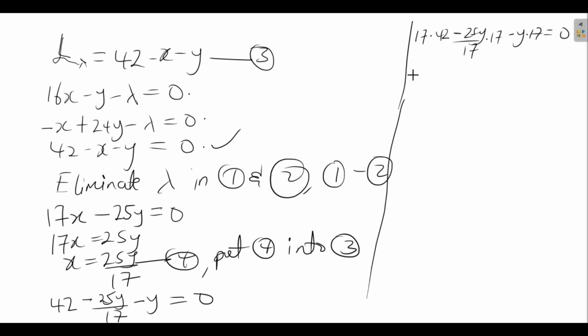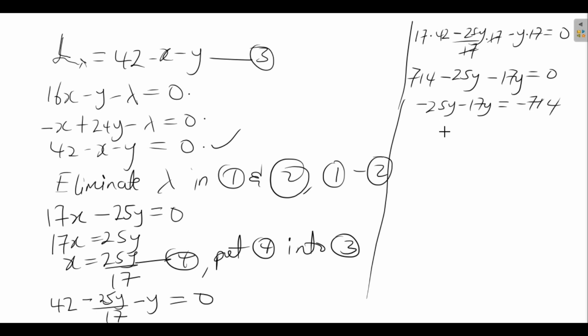Now 17 times 42 is going to give us 714. Then, of course, this will cancel this, so we have negative 25y, then minus 17y is equal to 0. So basically we want to group like terms here. So negative 25y minus 17y should be equal to negative 714.